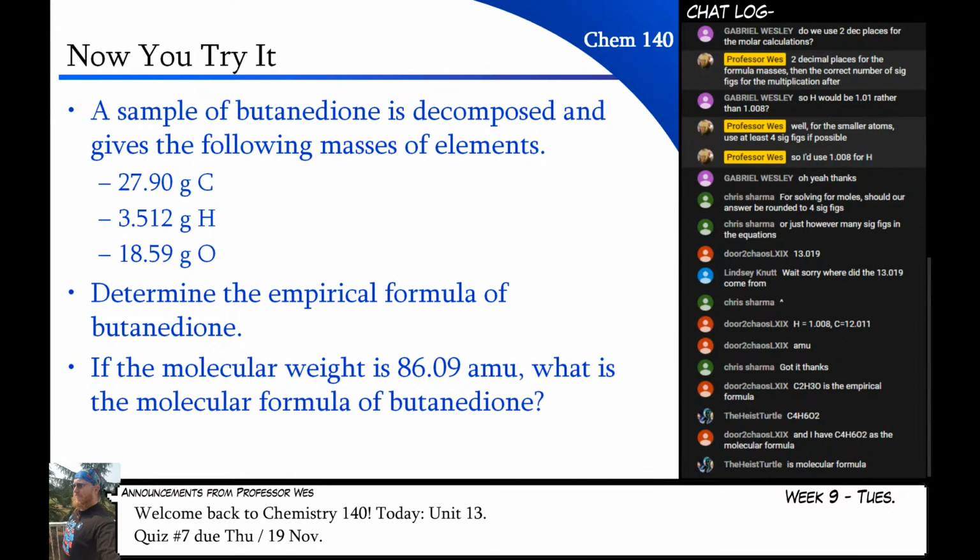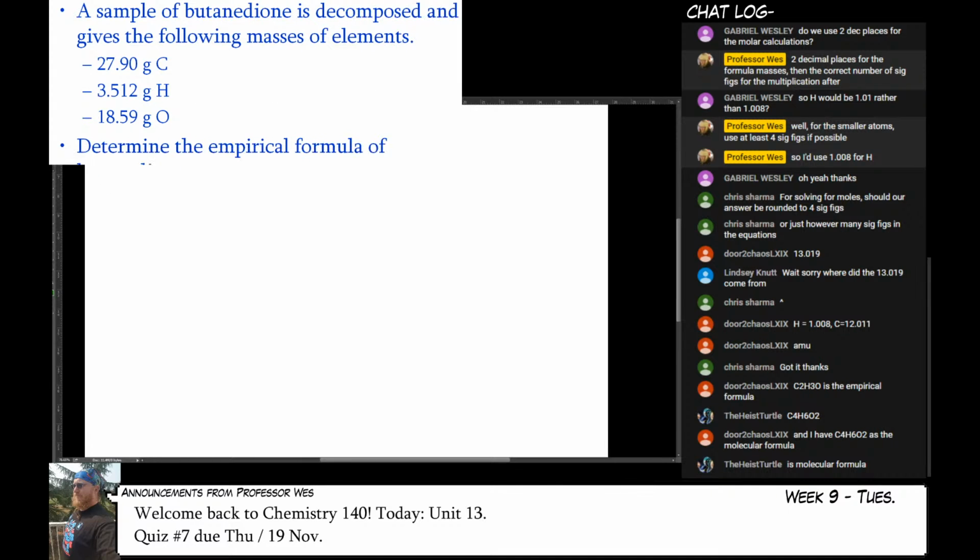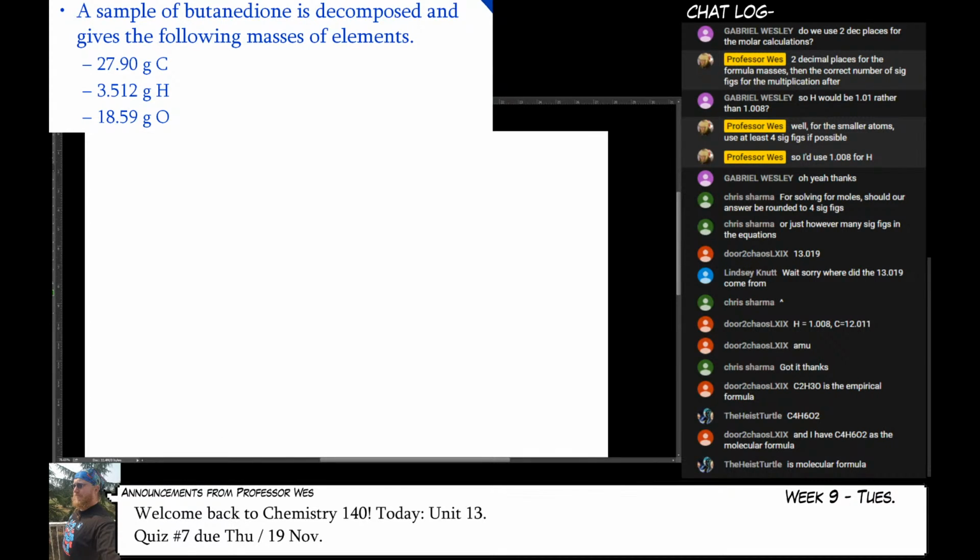All right, I see some answers in the chat. Let me prepare my whiteboard. We know we're going to determine the empirical formula and molecular formula, so I'm going to chop that part of the problem off the screen so that we can have more space to work with.